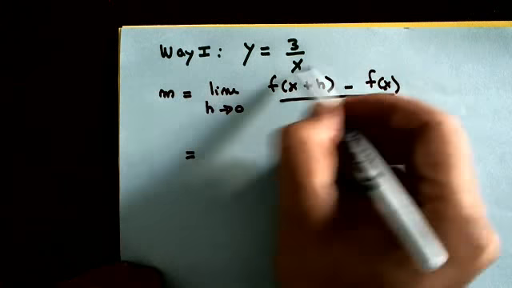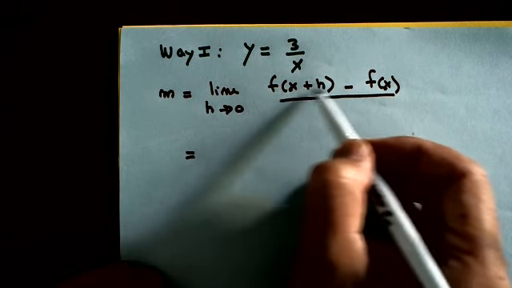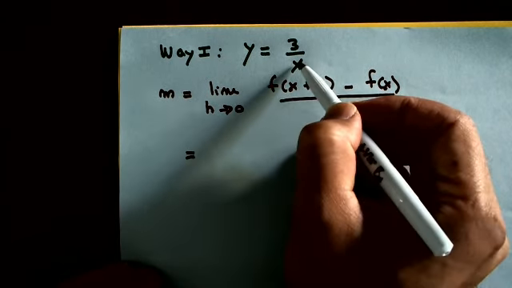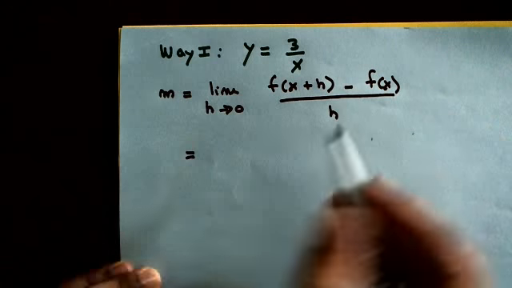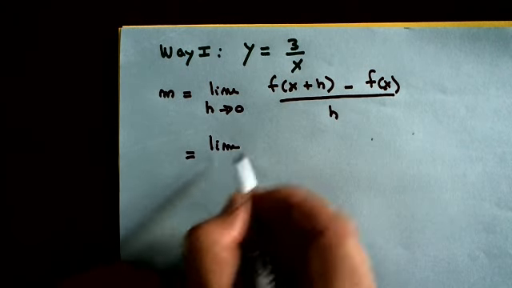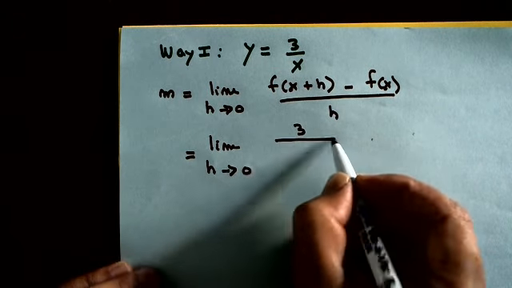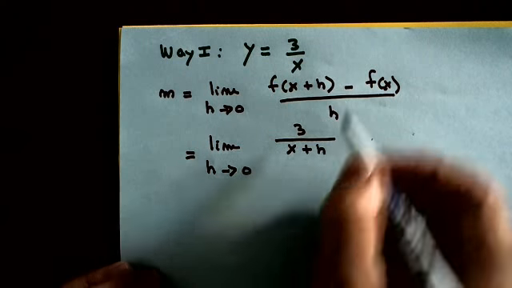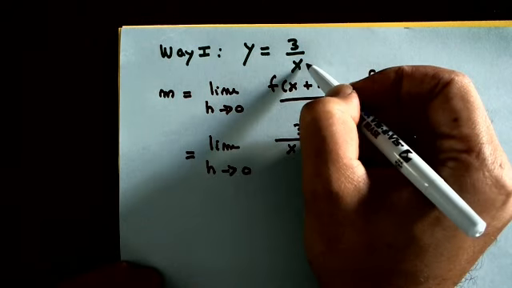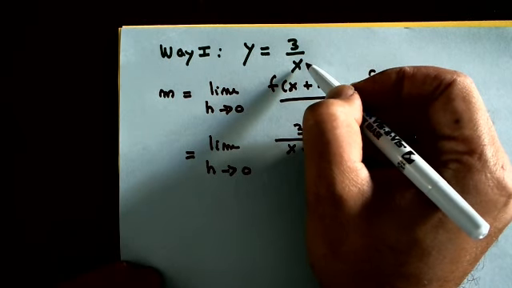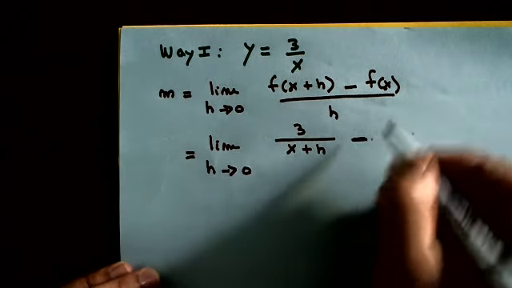This is our function, so we have to take x plus h and plug it into the function. So the limit as h approaches 0 is 3 over x plus h. Whatever you had inside the function has to be substituted for this x.